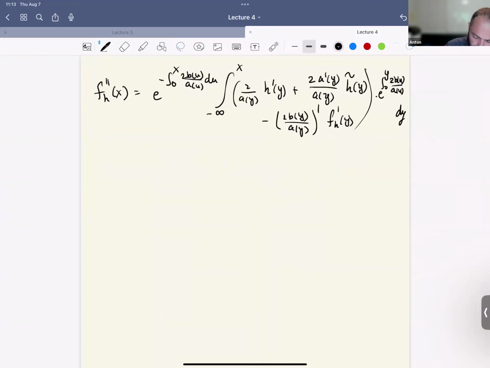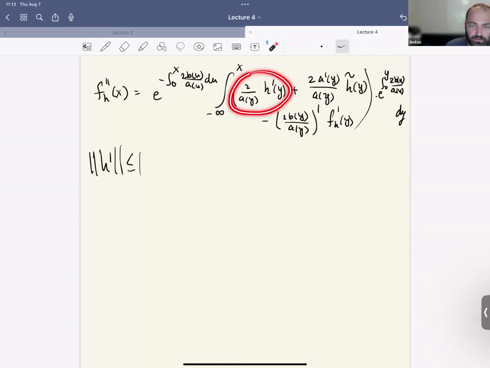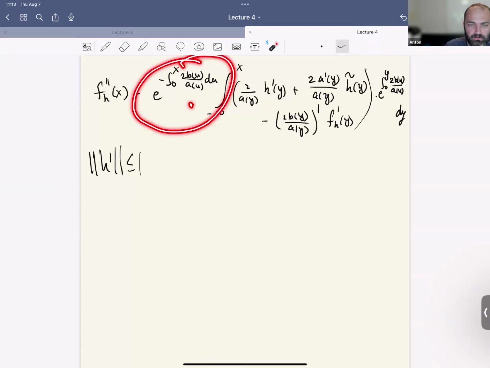What do we assume? We assume h is Lipschitz, so that the absolute value of the first derivative is bounded by 1. If I focus on this term, it's e to the negative integral times this thing where h prime is bounded by 1, times the second e to the integral. But we've seen this already.